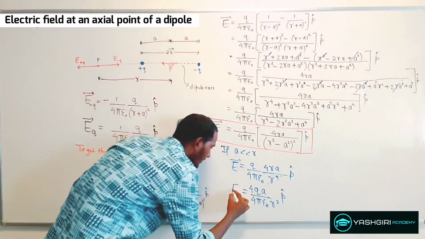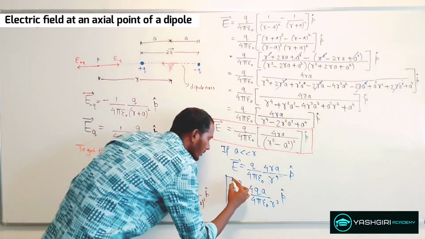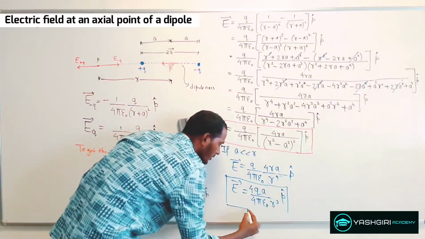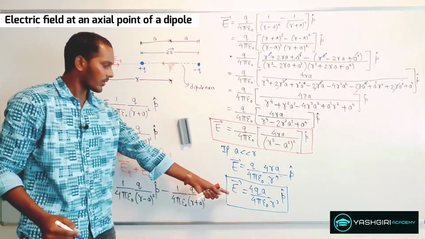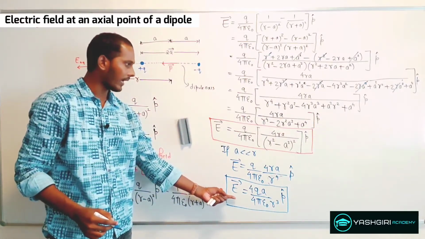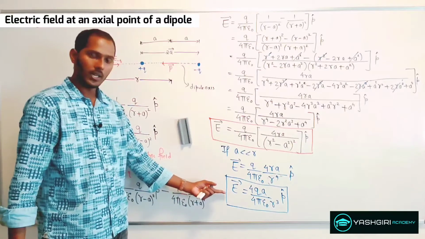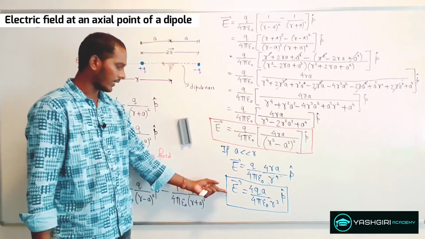So that's the electric field if you consider the case wherein the distance of separation is very, very small. So this is the equation that I can rewrite. Now here again the same expression I can modify.